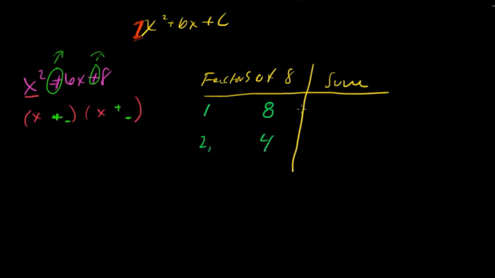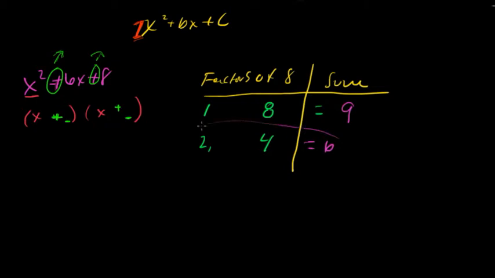That's really it. These are all the factors of 8. Let's get their sums. 8 plus 1 is 9, but 2 plus 4, their sum is equal to 6.